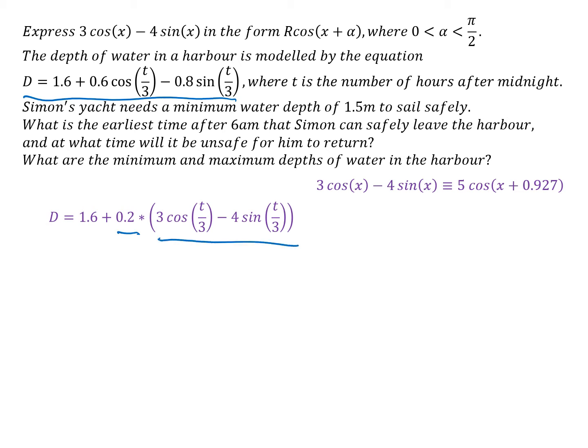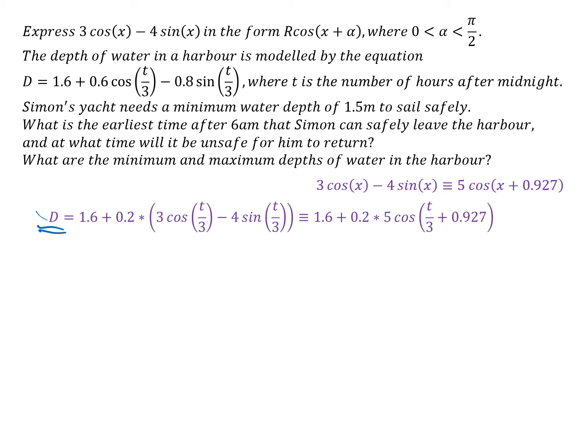I'm just factorizing out the 0.2. And the reason I've done that is that this expression here is the same as that, with x replaced by t over 3. So I can replace that expression with this, with x replaced by t over 3. So I can see now a simplified version of the equation for the depth of water in the harbour.